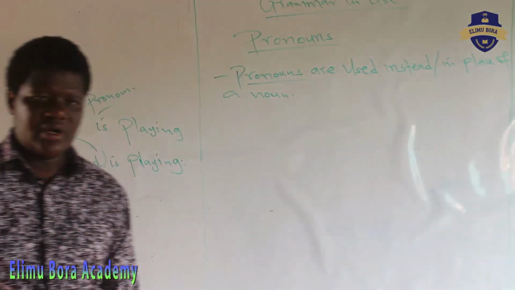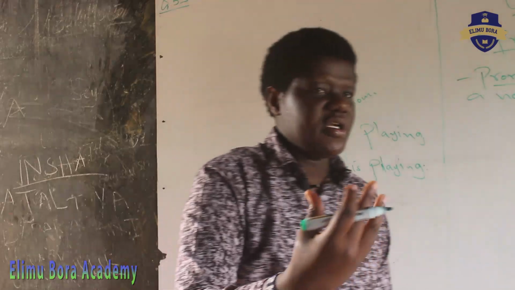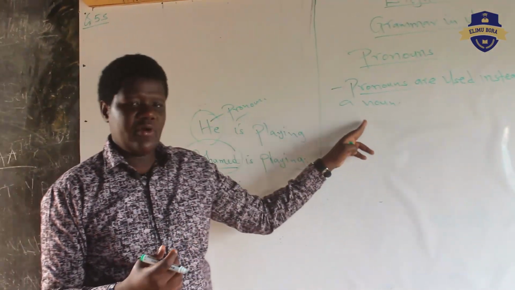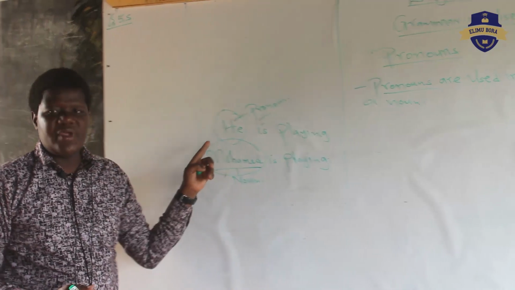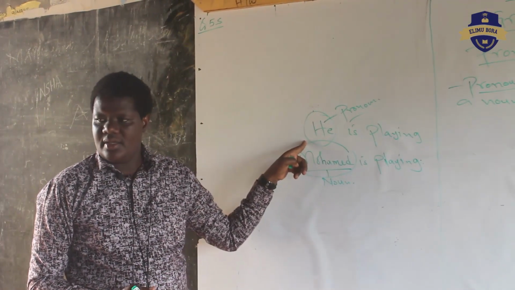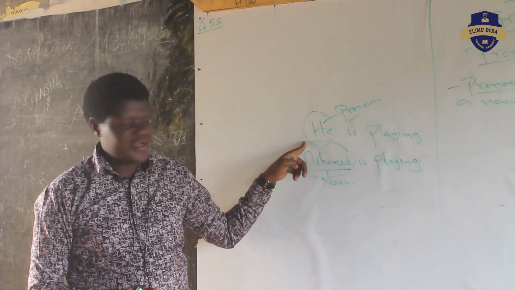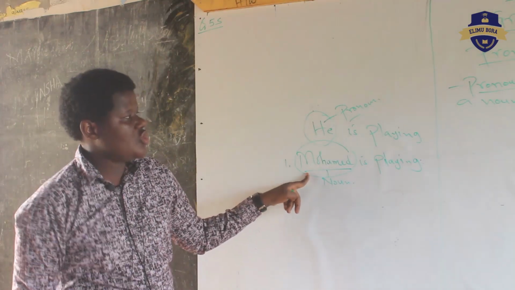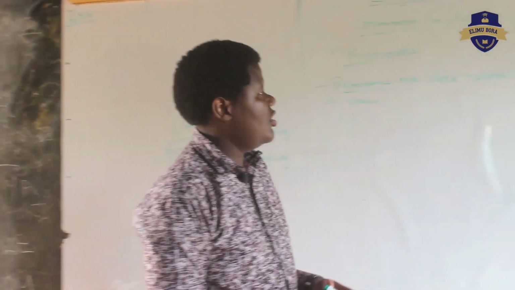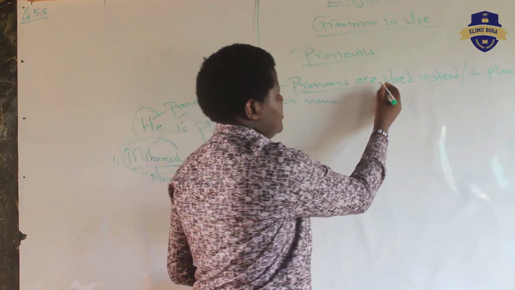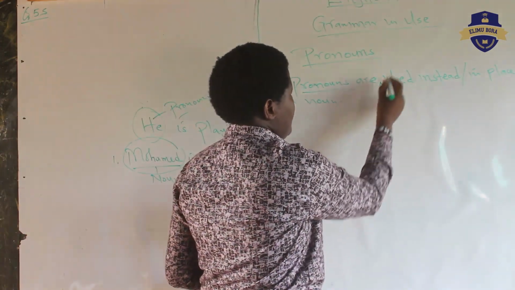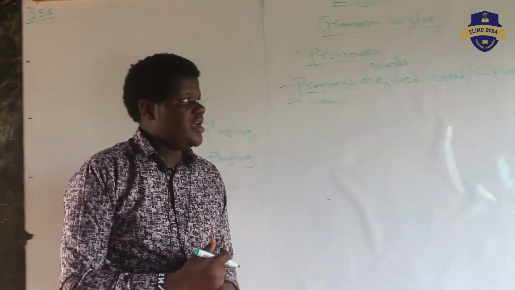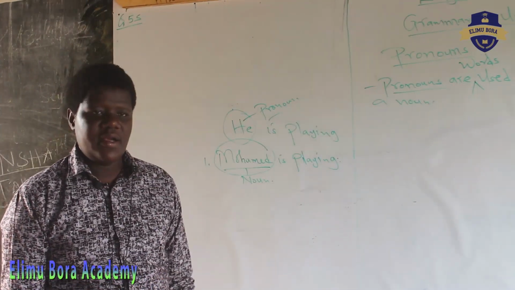Instead of using a noun, you replace it with a pronoun. In this example, he is a pronoun. It represents Mohammed, which is a noun. So pronouns are words used instead or in place of a noun.